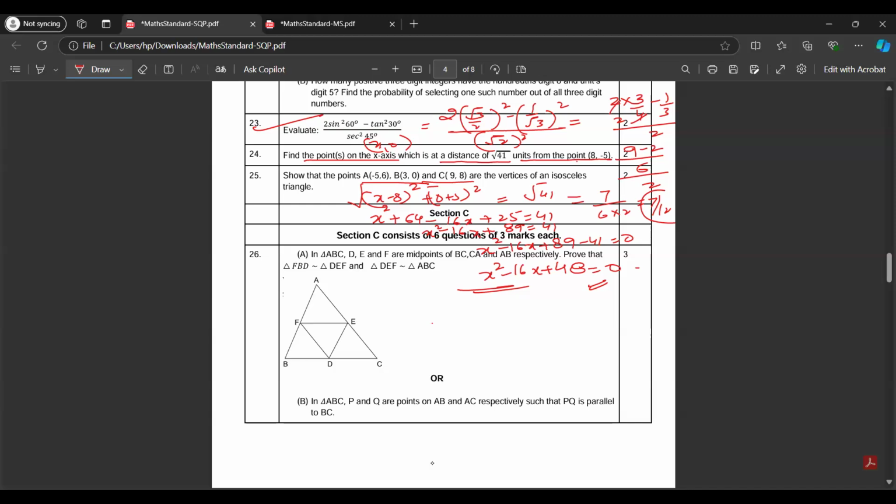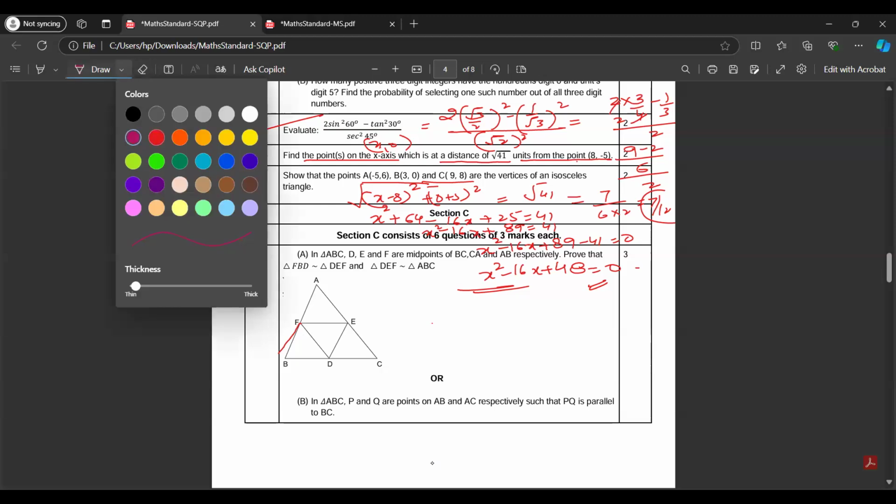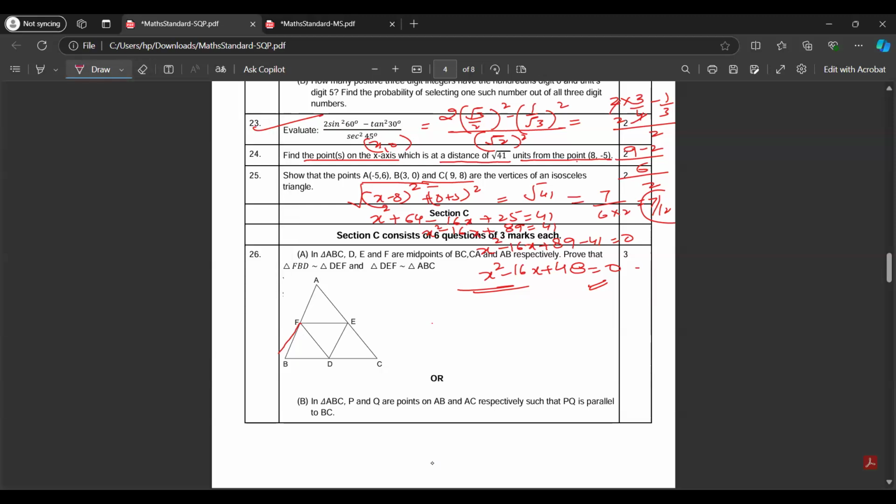First of all, you will write given, right? This is a 3-mark question. This and this you have to prove. So first, DF is common in both triangles. Ma'am, last year there was a midpoint formula. Yes, so it will be half. Then FE will be parallel to BC by the midpoint formula, and FE will be equal to half of BC.